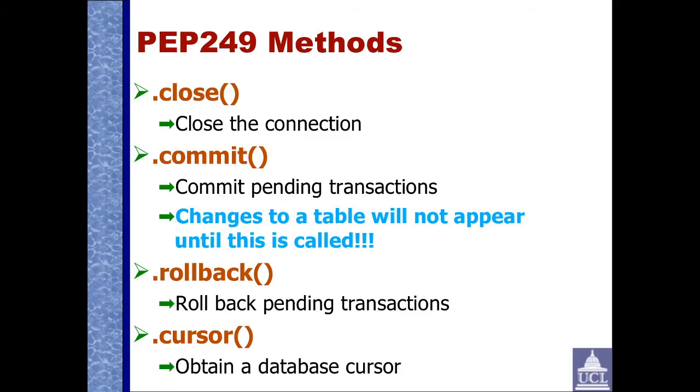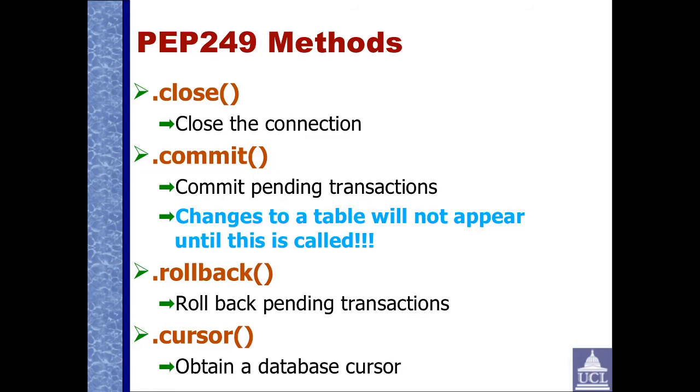And cursor is used to obtain what's known as a database cursor. And you can think of this literally as a cursor running down a table. So when you do a select from a database, what you get out is effectively a table of rows, and you can imagine having a cursor moving gradually down each of those rows in turn.